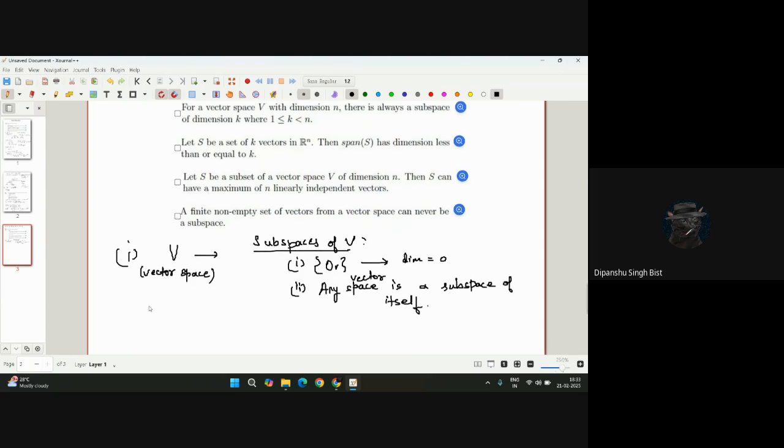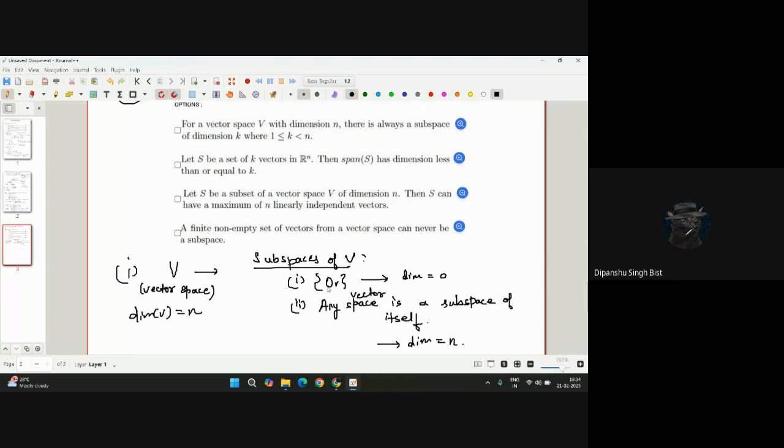Okay, so here if we take dimension of V equal to n, then one of the subspaces is V itself, which also has dimension equal to n. Okay, so two trivial subspaces are there, one with dimension 0 and one with the same dimension as the space.